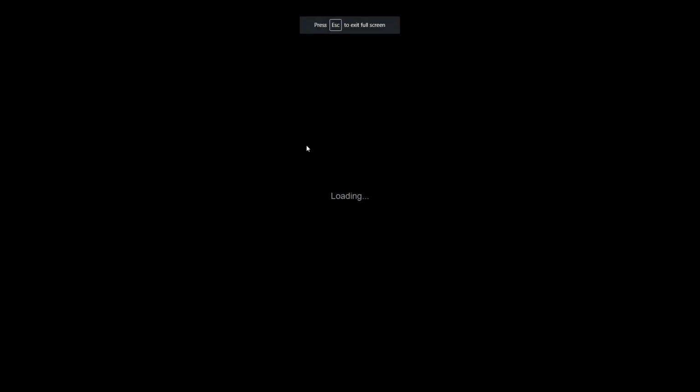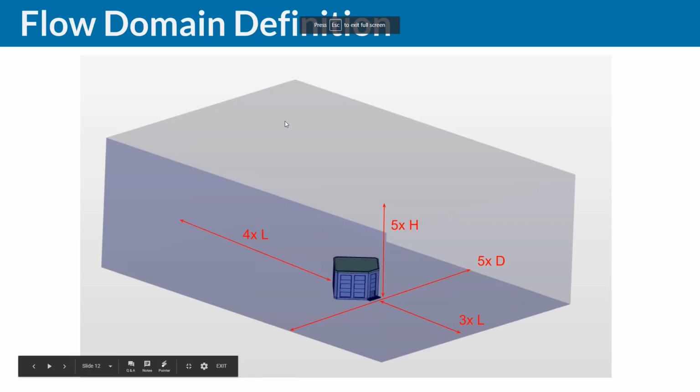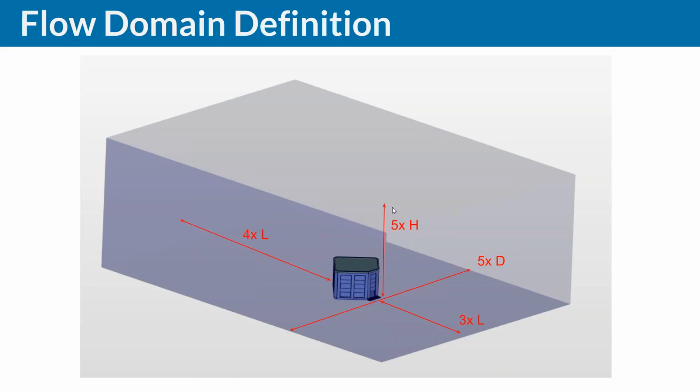Yes, and regarding the mesh, let's take a look, because as I mentioned, it's very important to have the right bounding box dimensions to make sure these walls are not interacting with the flow inside the building. We recommend to use 3 lengths in front of the building, 4 lengths in streamline direction, and 5 times the height, for having a large box and to avoid any interaction.